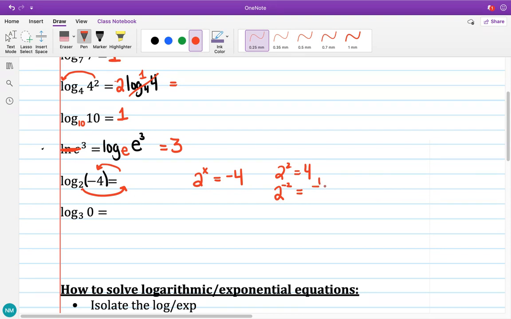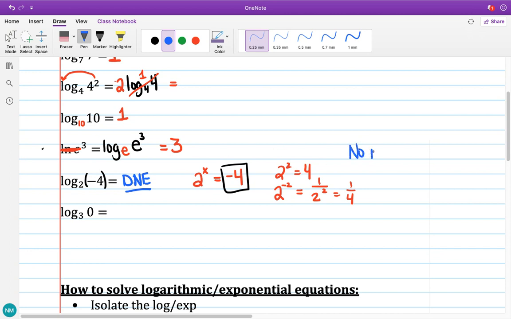It's going to be 1 over 2 squared, which is 1 over 4. So what can I raise it to to get negative 4? Well, nothing. There's no exponent that I can raise something to in order to get a negative number out. So it does not exist, DNE. You cannot have a negative inside of a logarithm. It is not in the domain.